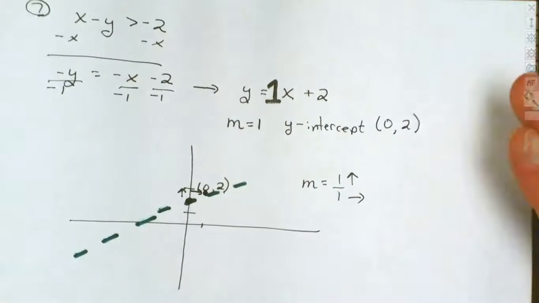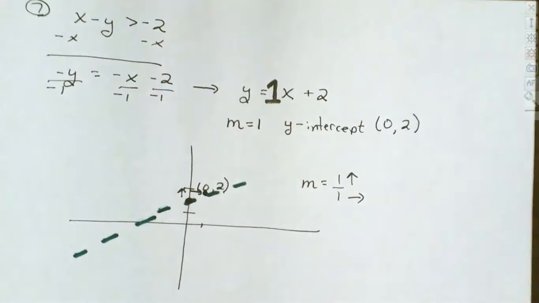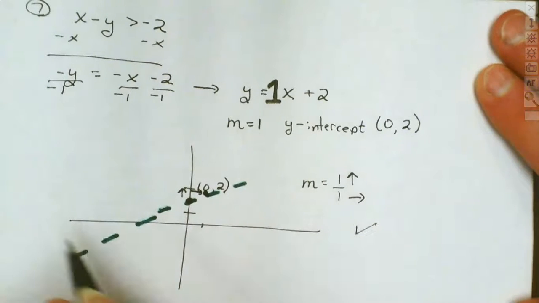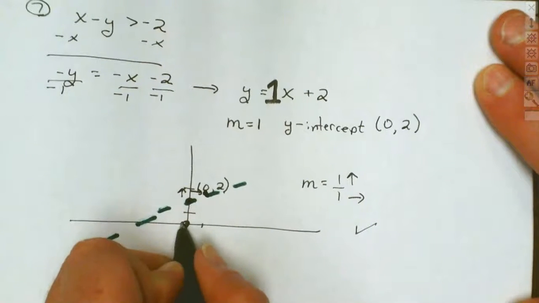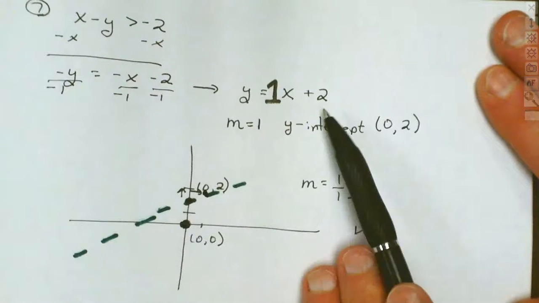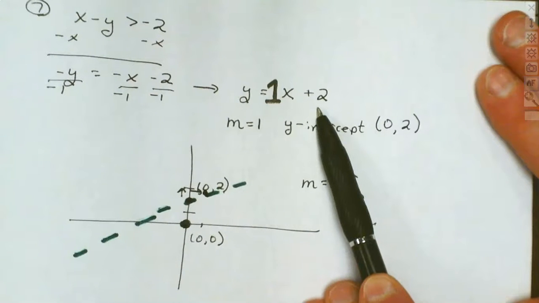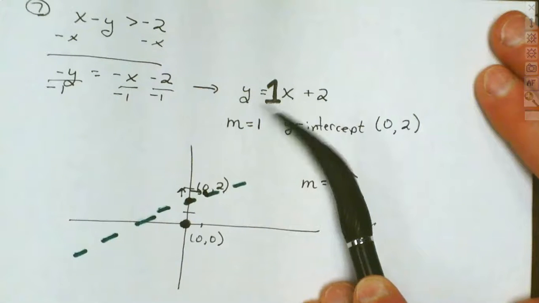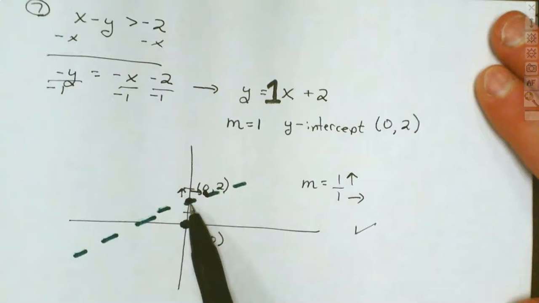There's our point. We went up 1 and over 1 and made a new dot right there. Now we're going to check. An easy point to check is 0, 0. Okay, now notice we got this 2 on the end, right? So that means we're going to start up 2 units. So we started at 0, 2 right here.